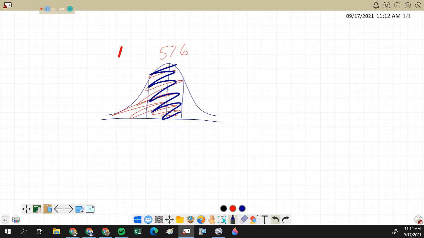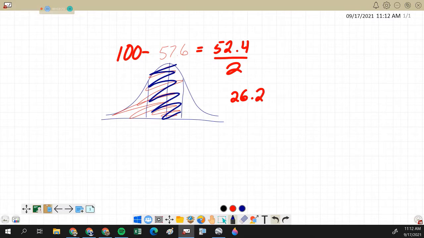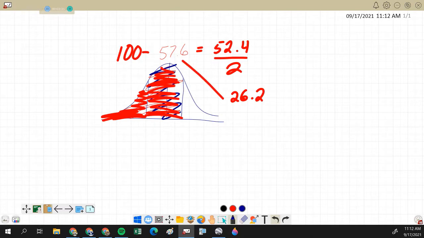So how much would the tails include? That would be 52.4. So divide that by 2, and I get 26.2. And we want this area, which is 26.2, plus that area, which is 57.6. So when I add those together, I get 83.8.